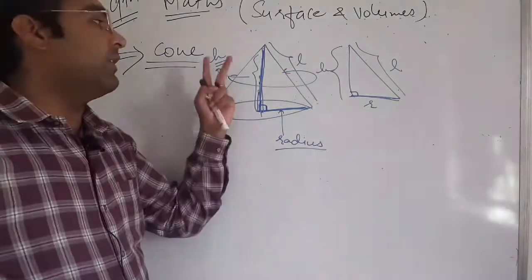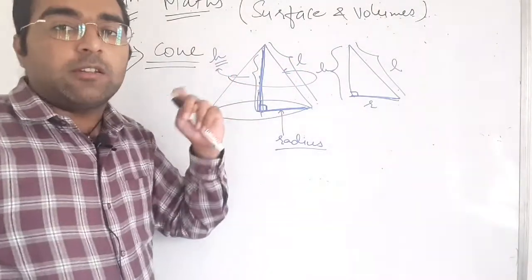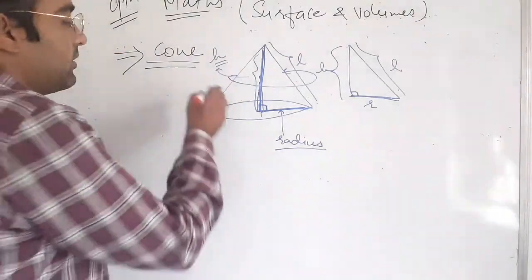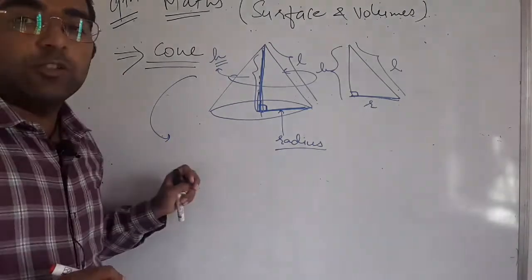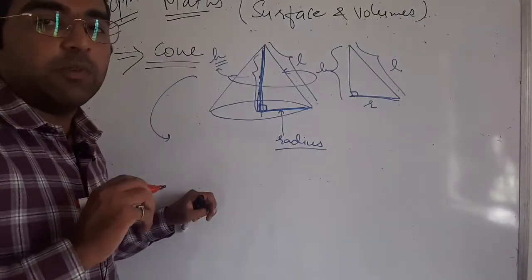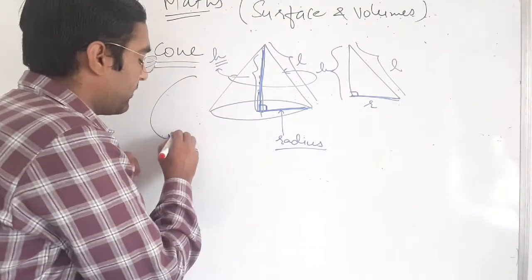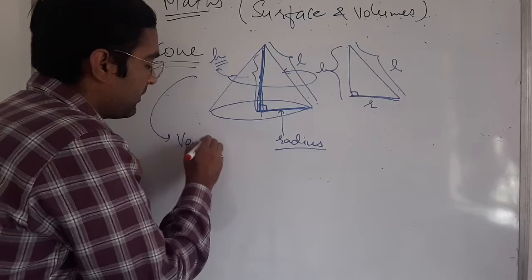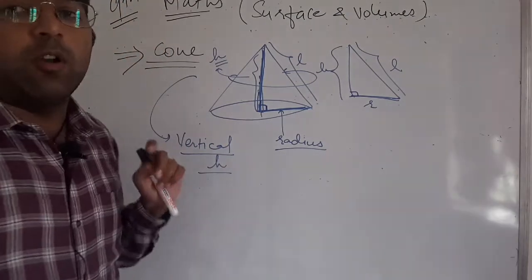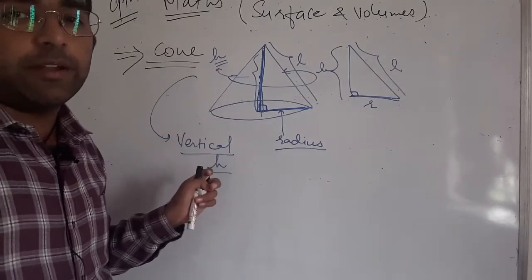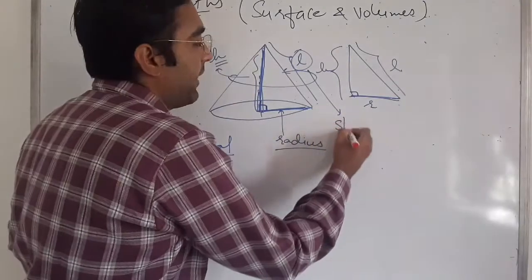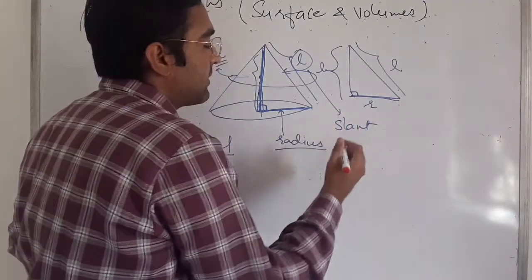Now there is a difference between height and slant height. The height is always given as the vertical height. Always in the question it should be said that the height is the vertical height, and for L it should be said that it is the slant height.